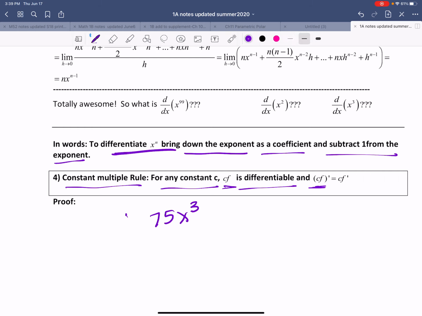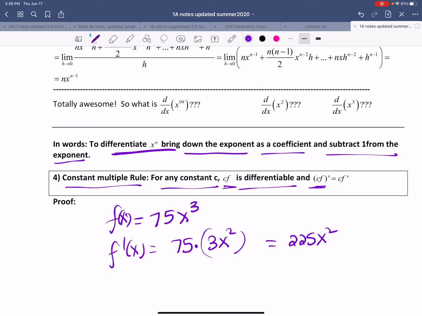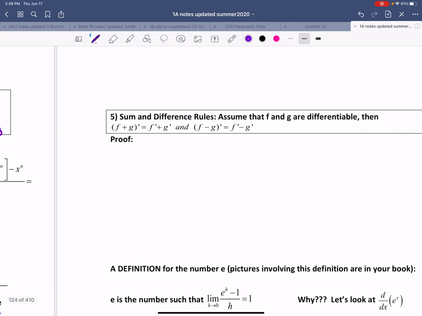If f of x equals 75x to the third, f prime of x is 75 times the derivative of x to the third, which is 75 times 3x to the second power. And 75 times 3 is equal to 225x to the second power. So you can pull out the constant, find the derivative, and then multiply the constant with the derivative you found.